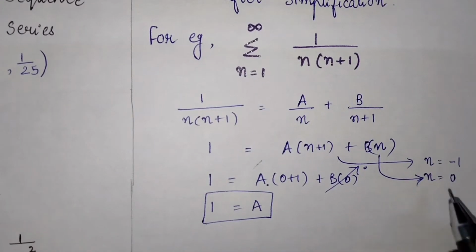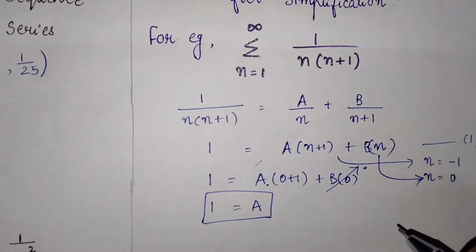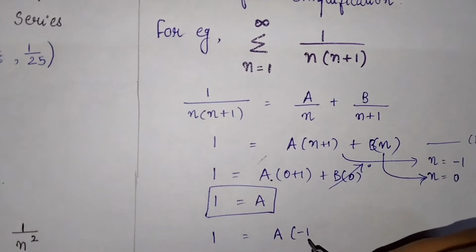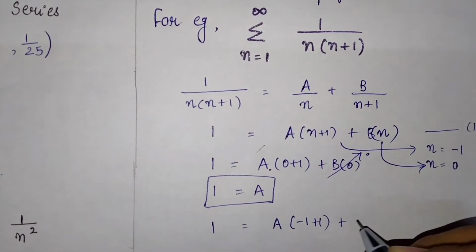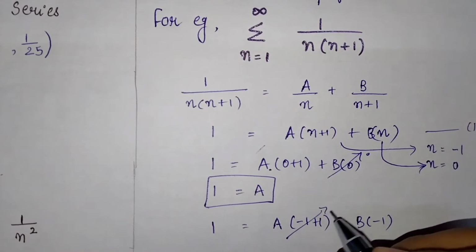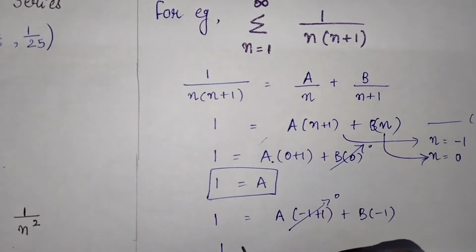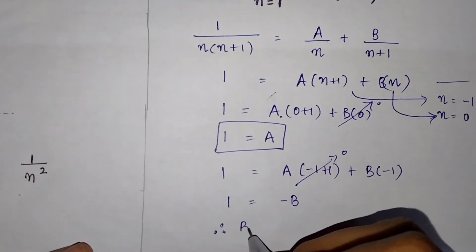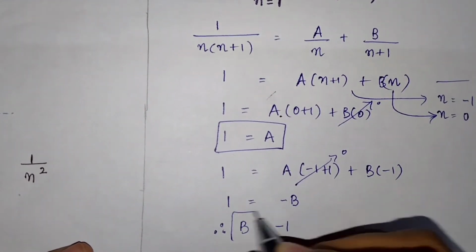Okay. Now we will substitute n equal to minus 1 in this equation 1. So we get 1 equal to A into minus 1 plus 1 plus B into minus 1. But minus 1 plus 1 is 0, so this term is 0. So we get 1 equal to minus B, and therefore B equal to minus 1.